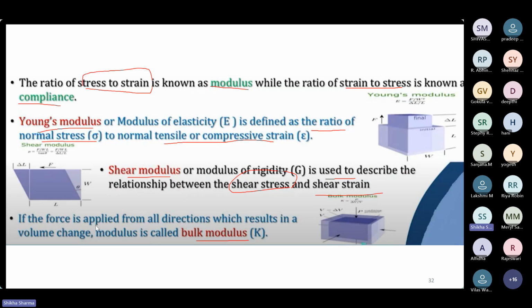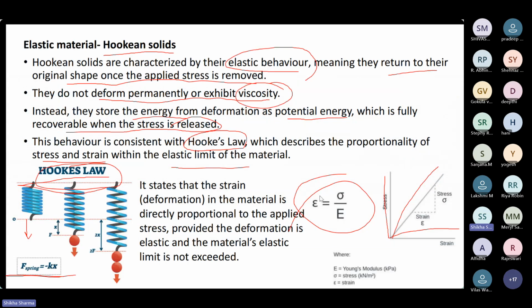Bulk modulus is when force is applied from all directions, which results in a volume change. This modulus can vary depending on what kind of force we are applying.